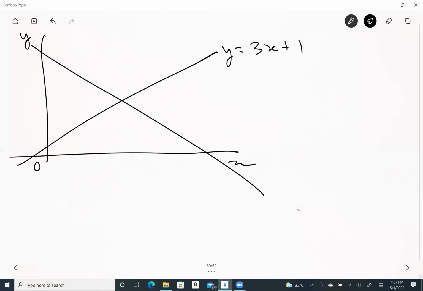Then another one here, y equal to 10 minus 4x. 10 minus 4x. Okay. All right. Now I want you to find this area.